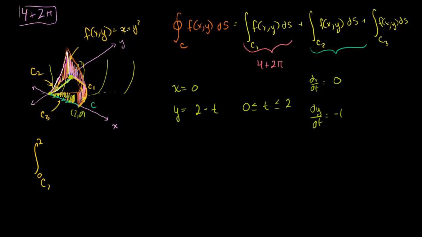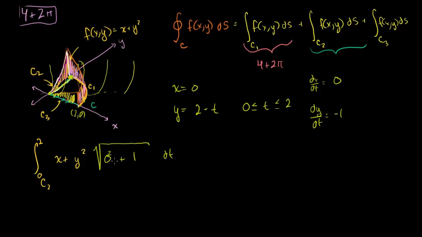So f of xy is x plus y squared, times ds. And we know from the last several videos, ds can be rewritten as the square root of dx dt squared, so 0 squared, plus dy dt squared, so minus 1 squared is 1, all of that times dt.